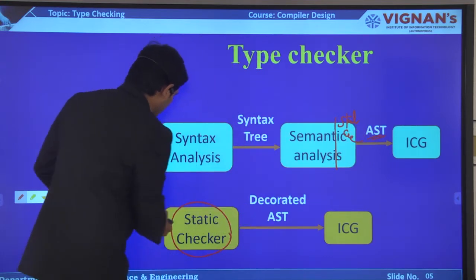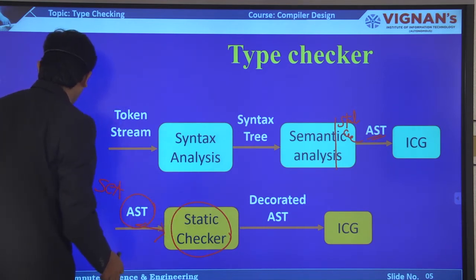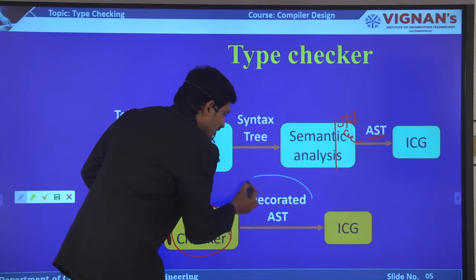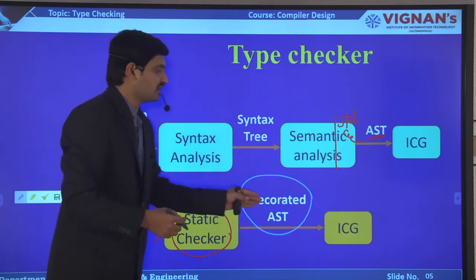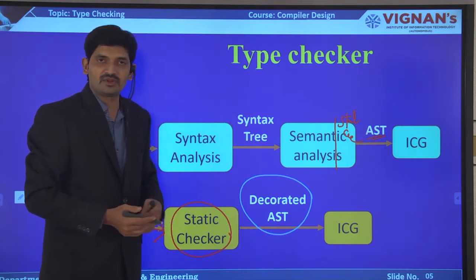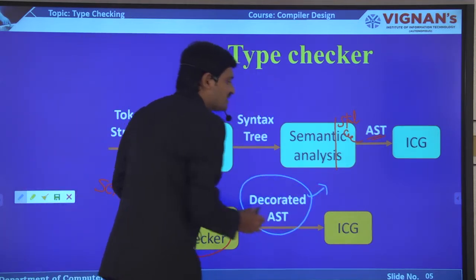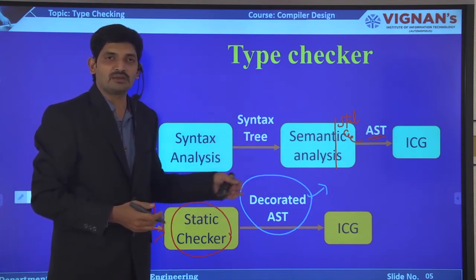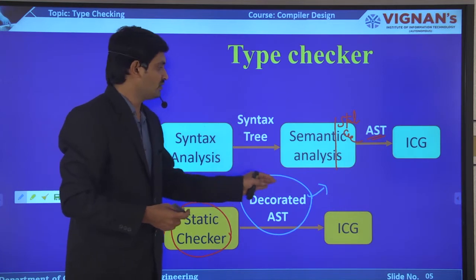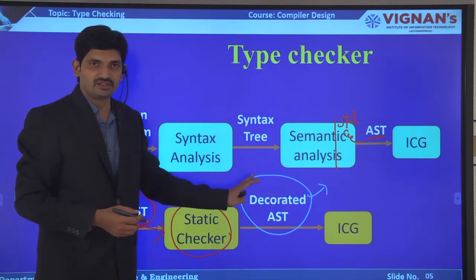The annotated syntax tree is given as input to the static checker, and now it is going to generate the decorated annotated syntax tree, or decorated AST. This is a complete syntax tree which does not contain any type check errors. So this decorated AST does not contain any errors.